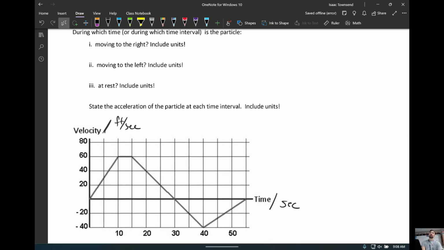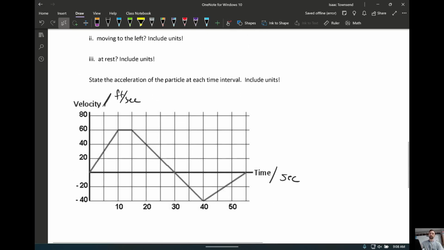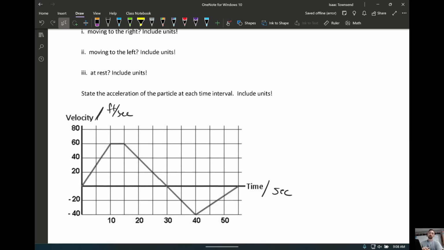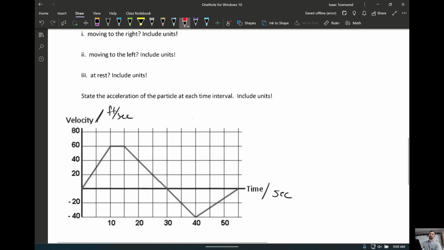Using this graph, it represents a particle, so some particle is just moving back and forth. It's moving left, right, or up and down, but this one's about right and left. So when do you think this guy is going to the right? From 0 to 10 seconds and from 40 to 55 seconds.